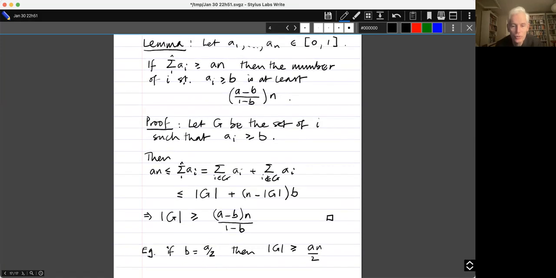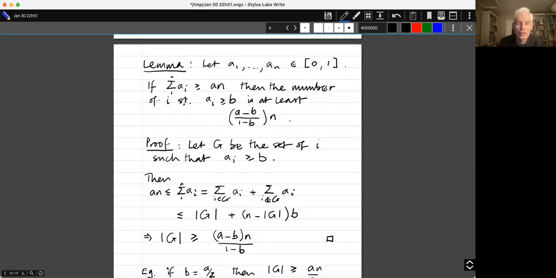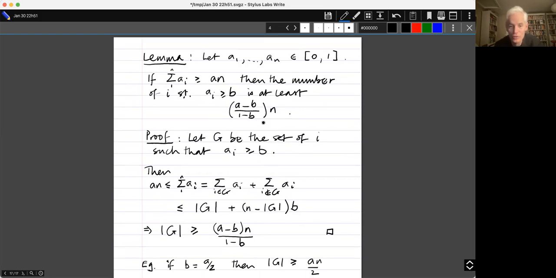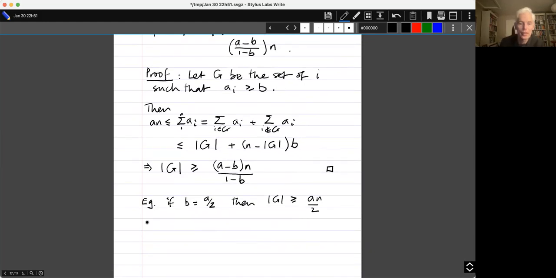So what can we conclude from that? That's saying that if the average is A, then you're at least A over 2 at least a proportion A over 2 of the time. But another example is if A is close to 1, in which case it's natural to write A as 1 minus theta, and B equals 1 minus eta, let's say.